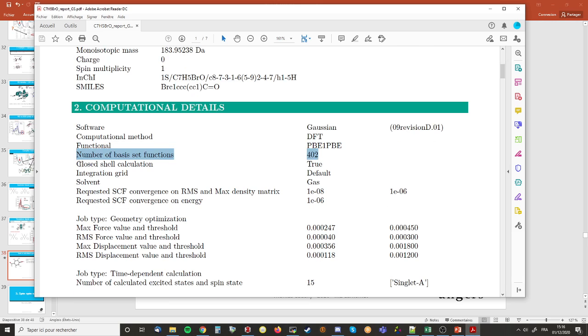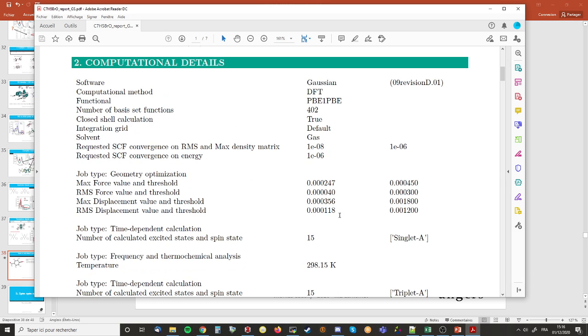Here we have a closed shell calculation. That means that all orbitals are occupied by two electrons or zero. The default integration grid is ultra fine now. There is no solvent. And we have a convergence in density of -8, for example, -6 on the energy.